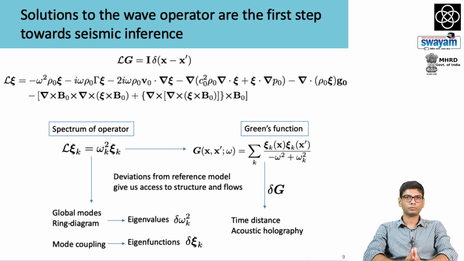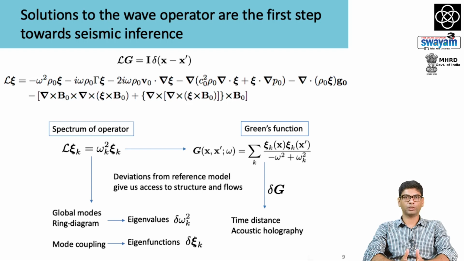In particular, you can take this operator and think of it in two ways. You can think of its spectrum. A spectrum is the set of eigenvalues and eigenfunctions of that operator. And secondly, you can look at Green's functions to that operator. So there are two broad ways in which seismology, not just helioseismology, but all seismology, is constructed.